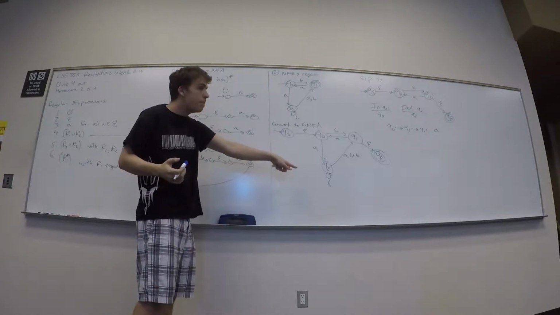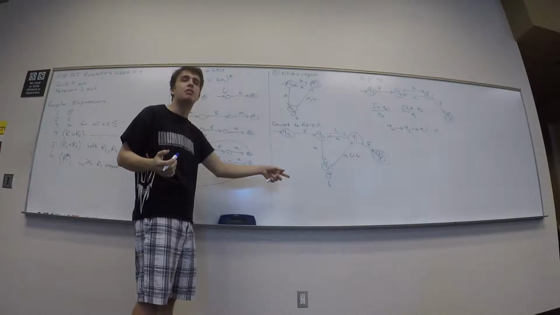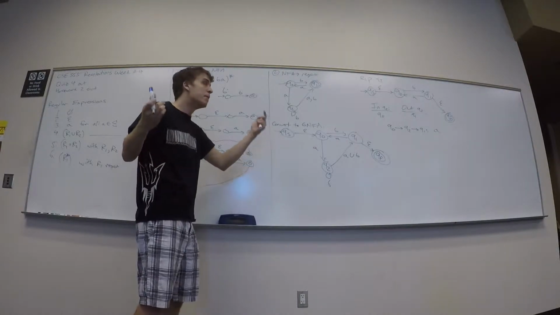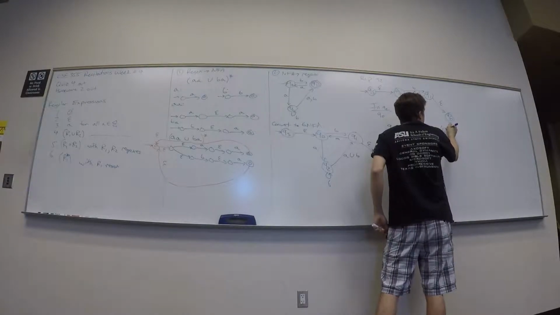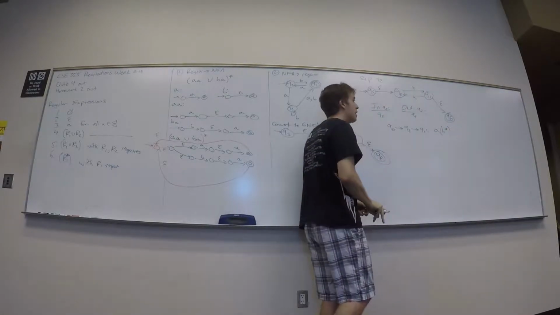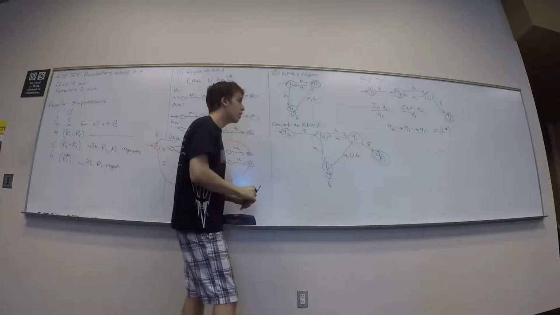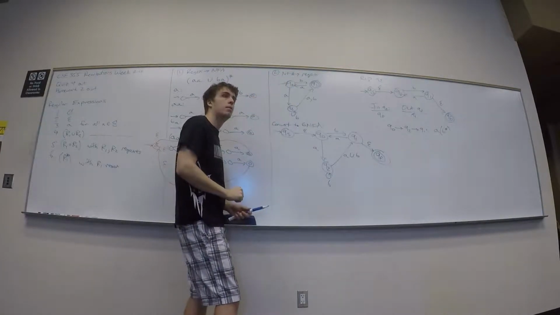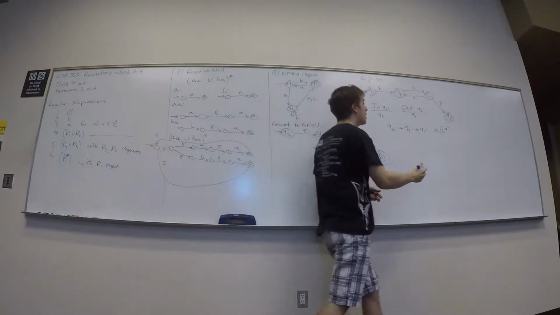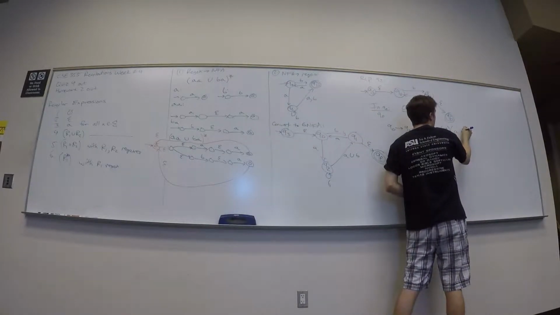Yeah, it had the loop on B. So how do I simulate that as a regular expression? B star, yeah. So I'm going to put parentheses. It's not necessary in this case, but I'm going to put a star. B star. But then how do I get back to Q1? A union B. So in parentheses, I'm going to put A union B.